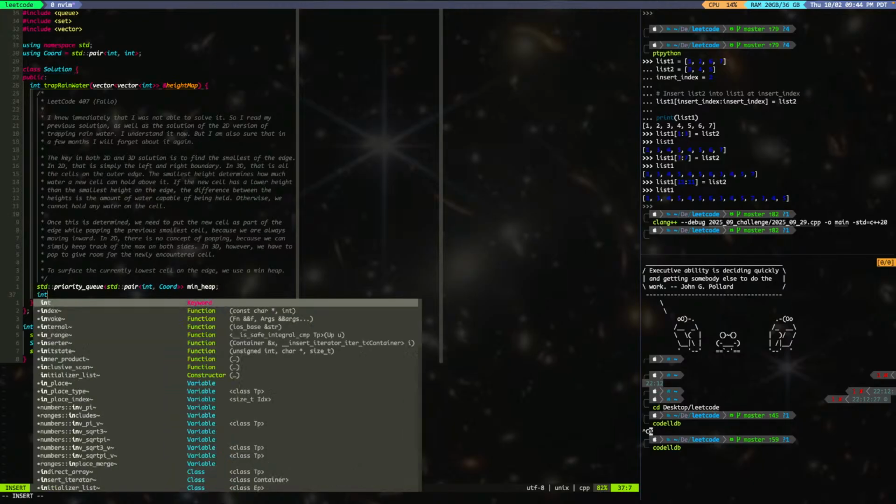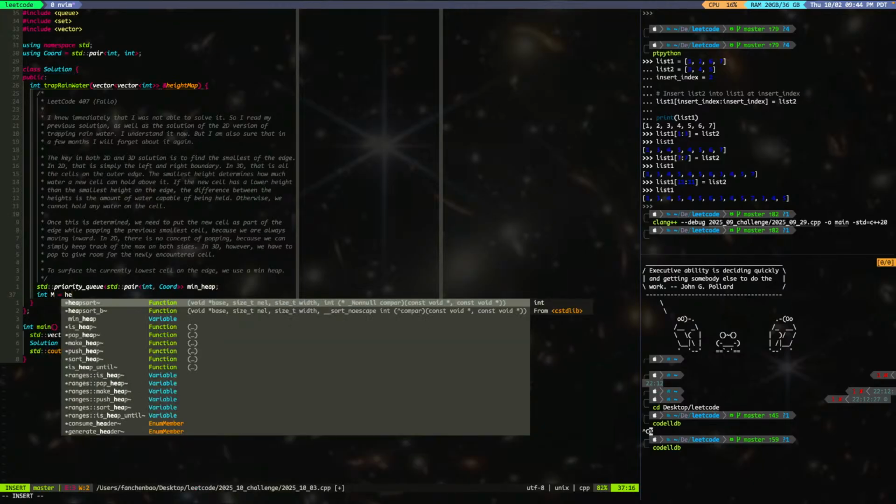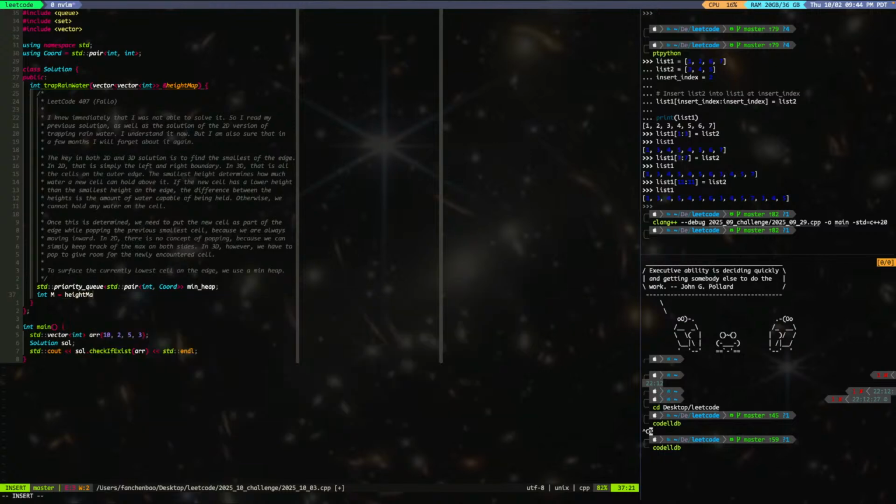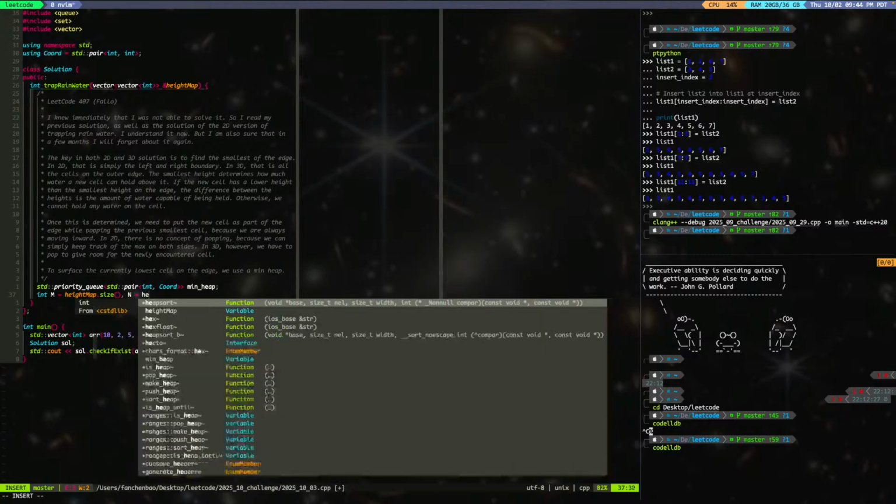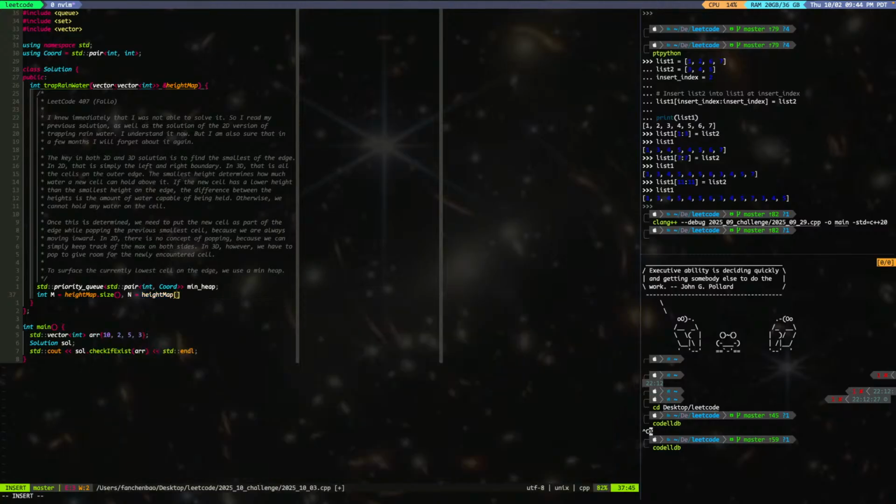Height map size and height map 0 dot size.